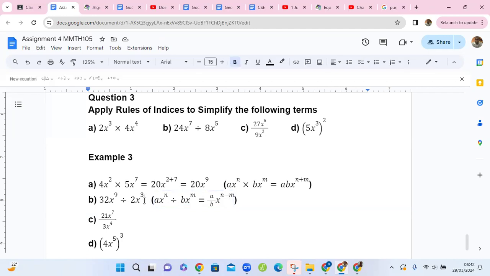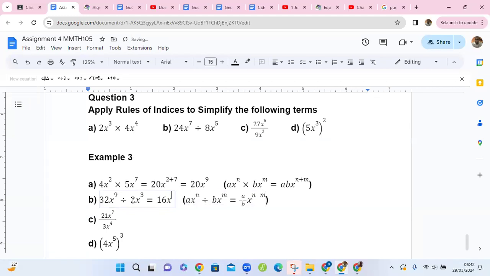So in this case, we've got to divide 32 by 2. So 32 divided by 2 will give us 16. Maintain the x. But what we do now, we subtract the powers, we subtract the exponents, sorry, because we divided the coefficients already.